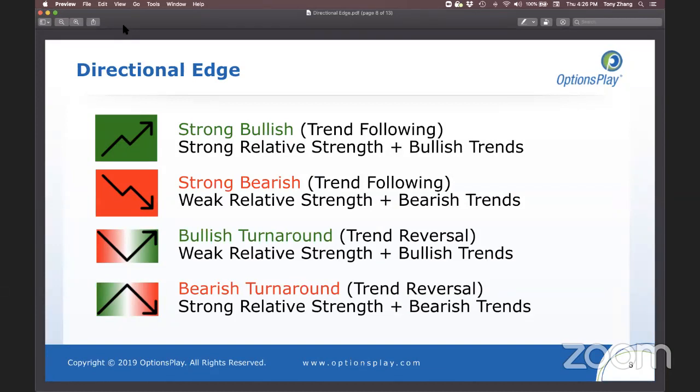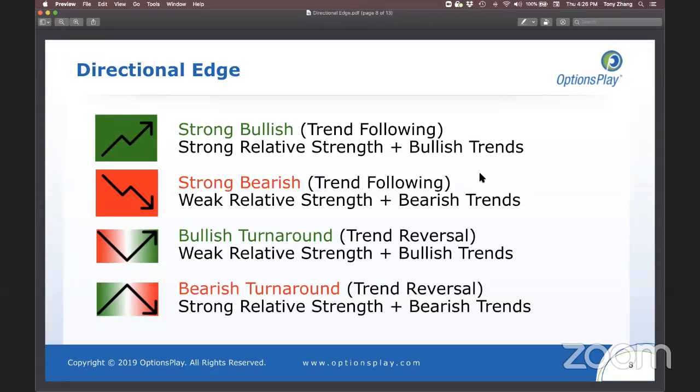So the first 2, I think, are pretty straightforward and easy to understand. A strong bullish and strong bearish stock. These are what we call trend following methodologies, meaning you're effectively trading with the trend. So a strong bullish stock is a stock that has strong relative strength and is currently exhibiting bullish trends.